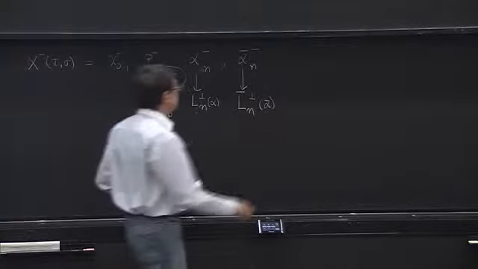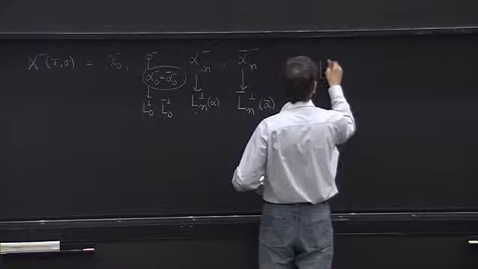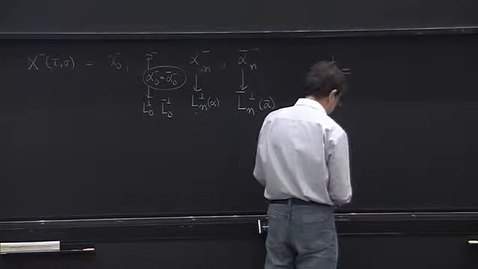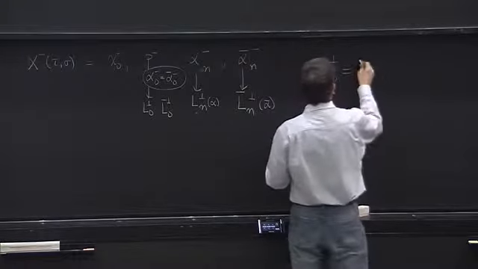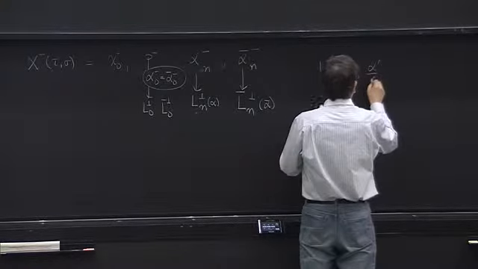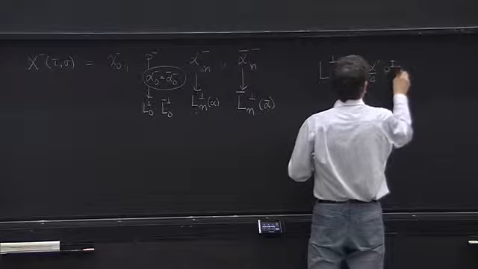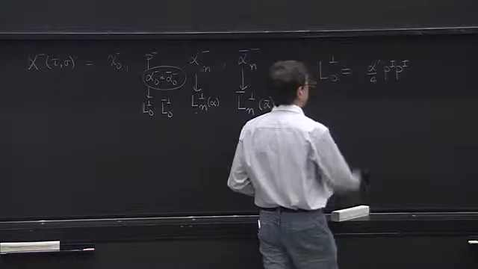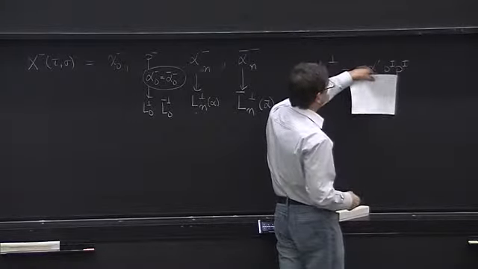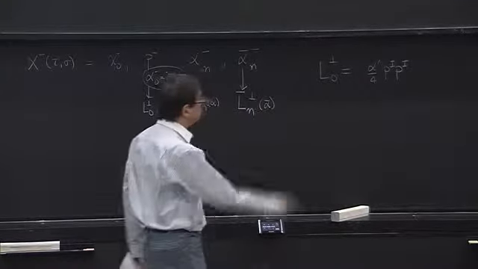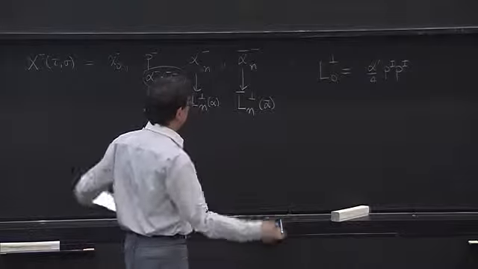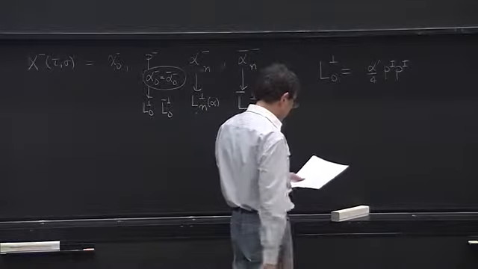So L0 perp is going to be, as you probably remember, something with the momentum. In the case of the open string, you just had alpha prime p squared. Here you have a factor of 2. For the zero modes, the factors of 2, I'm sorry, there's no way to get them to be the same.